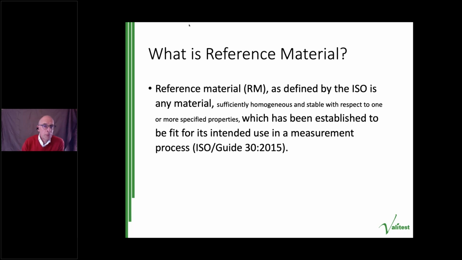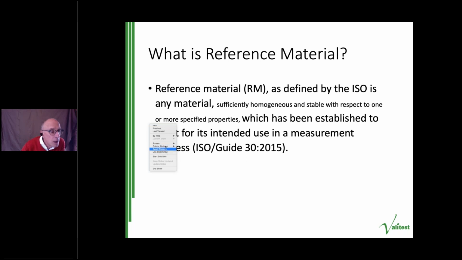If we know why you want to use reference material, then you also have to ask yourself what reference material is. As defined by the ISO organization, it is any material which has been established to be fit for its intended use in a measurement process.